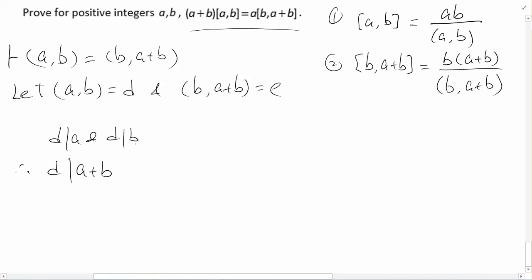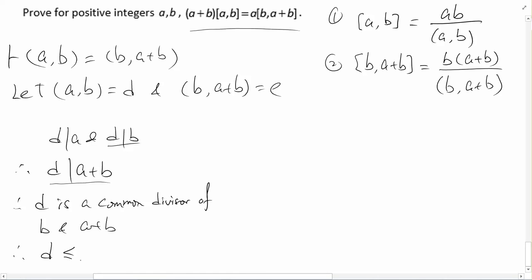And now we have d divides b and d divides a plus b, and therefore d is a common divisor of b and a plus b, right? And therefore d is less than or equal to the greatest common divisor of b and a plus b, and this is e. We have shown that d is less than or equal to e.